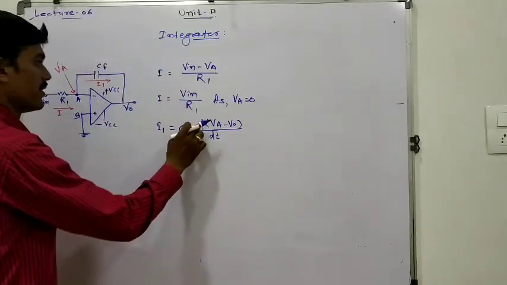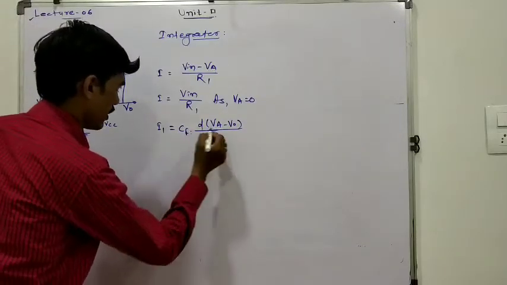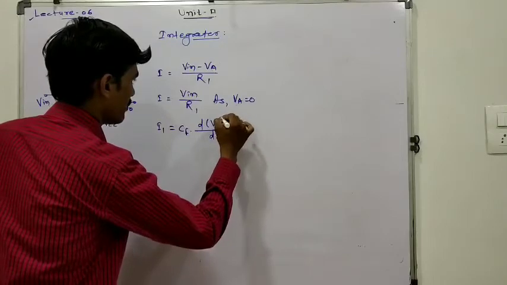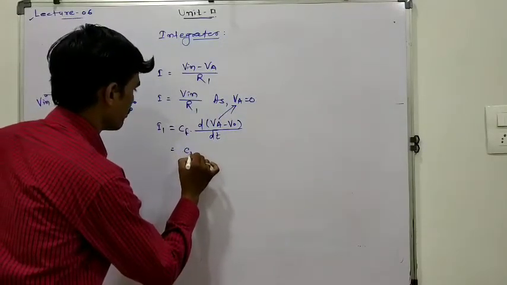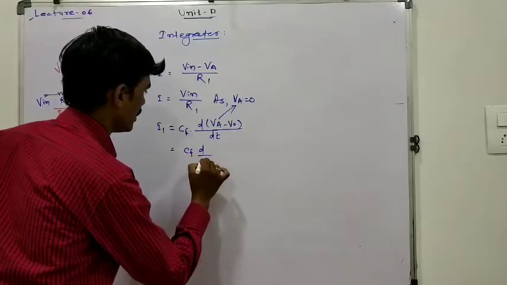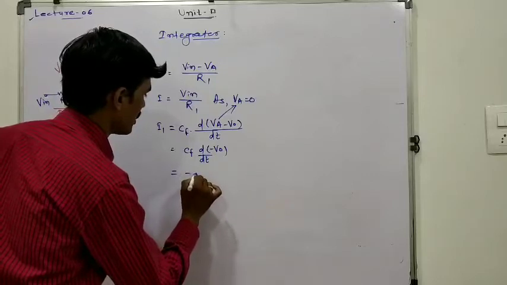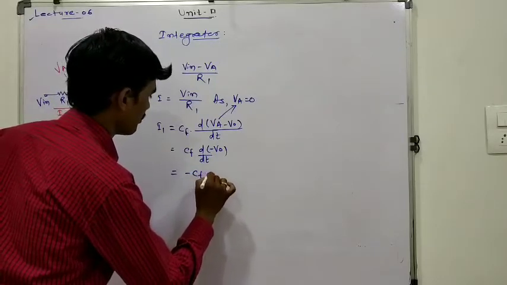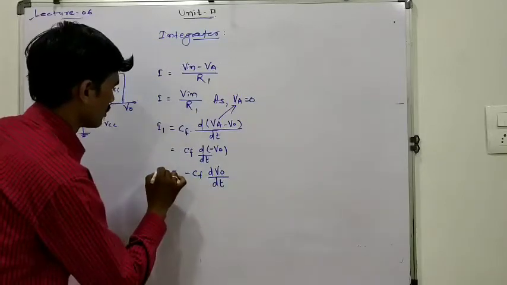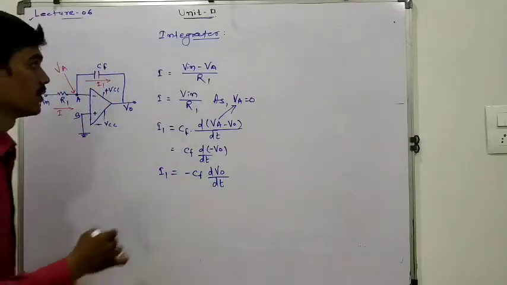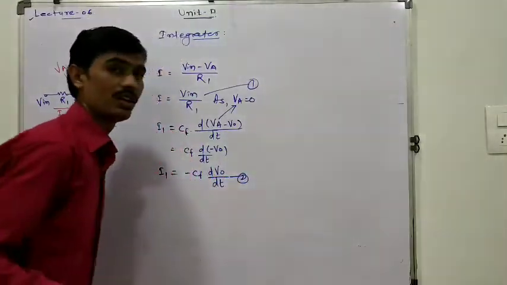So this is CF into d/dt of VA minus VO. As VA is equal to 0, it is CF into d/dt of minus VO, or in other words minus CF dVO by dt. This is I1. Let us call this equation 1 and this equation 2.